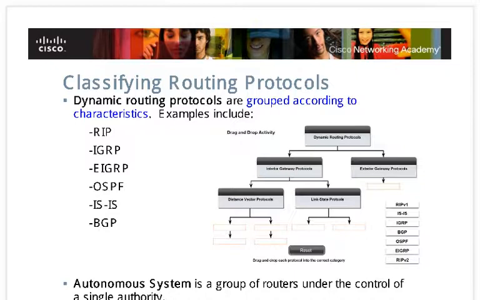So this is like a hierarchical architecture for dynamic routing protocols, because we cannot have all the routers in the whole internet in one domain. It cannot work. So the interior routing protocols work within one autonomous system, and the exterior routing protocols are used between one autonomous system and another.